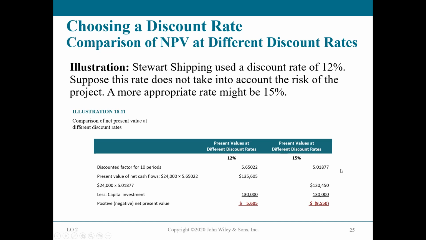But at 15%, you can see on the right-hand side of the screen a negative net present value of $9,550 because we're discounting at a higher rate of interest. And that's to take into account the additional risk of this investment. So in this situation, you probably would not invest because it doesn't meet the rate of risk required for positive acceptance.